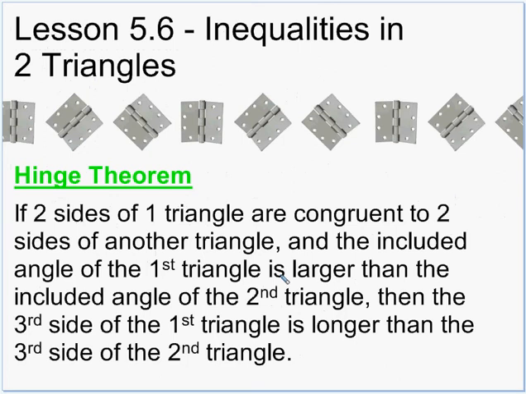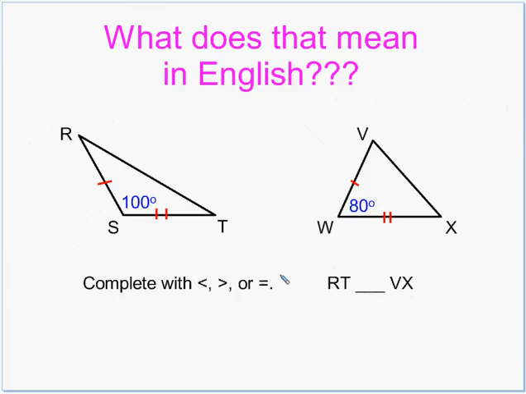Next section, 5.6, inequalities in two triangles. The hinge theorem tells us that we can compare two sides or two angles of two separate triangles. We can notice here we have two triangles. We can see that side SR is congruent to side WV.